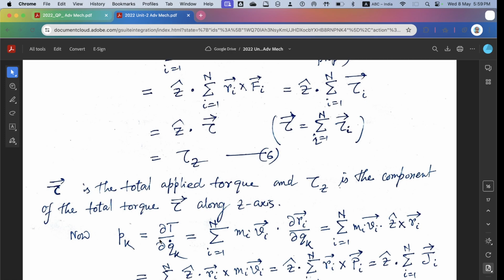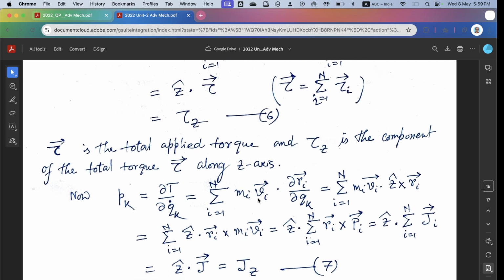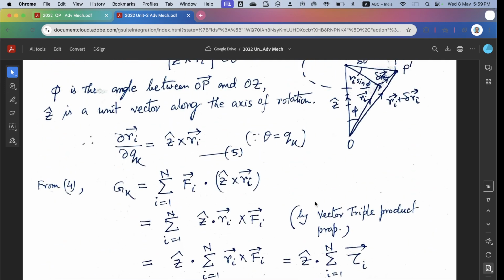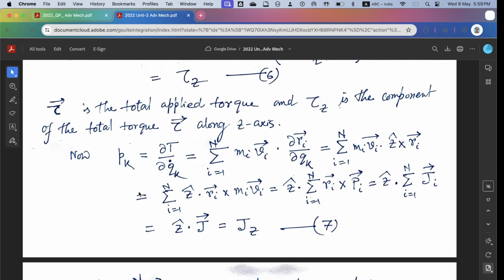Now pk equal to del T by del qk dot. So this equals the summation over mi vi dot del ri vector by del qk, and this equals mi vi into del ri by del qk, where qk is theta. So del ri by del theta is equal to z cap cross ri vector. Z cap is independent of the summation.